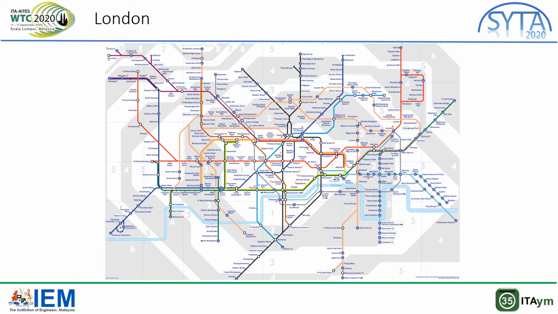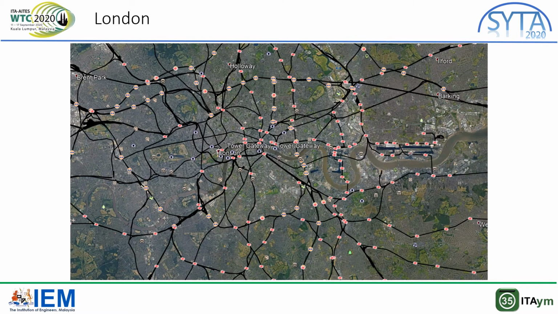But here's London Underground as we know it, the London Underground that we love and hate during rush hours. Here's the map transposed onto a satellite image with other rail assets showing. So these other assets may be at surface level in cuttings or on viaducts.